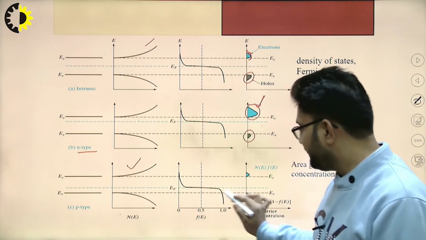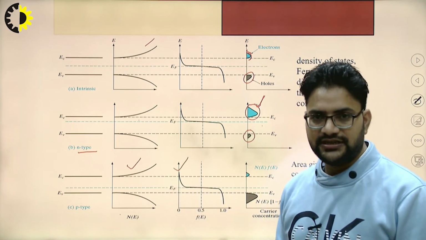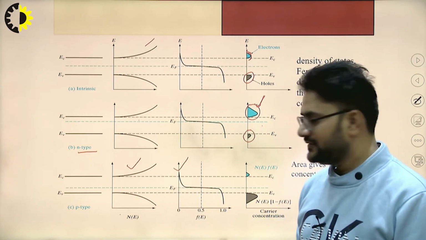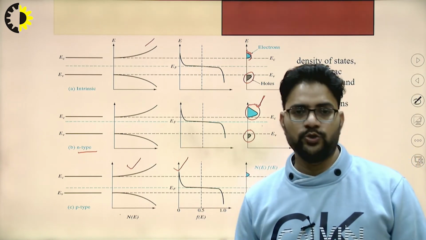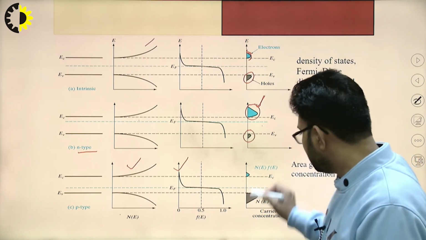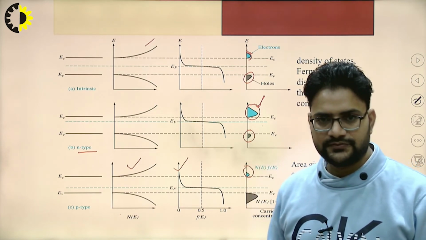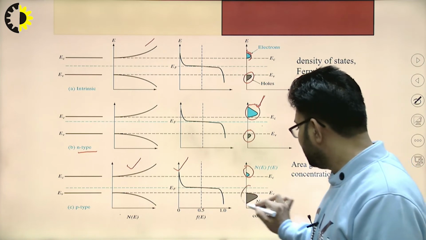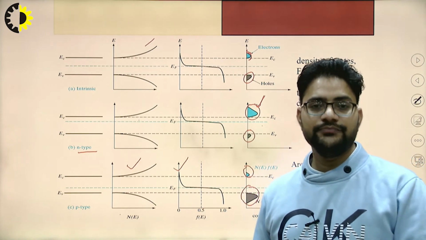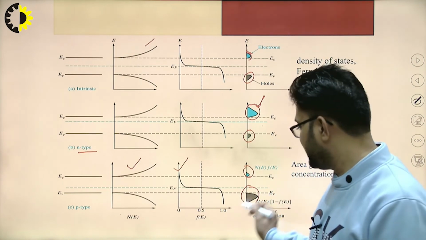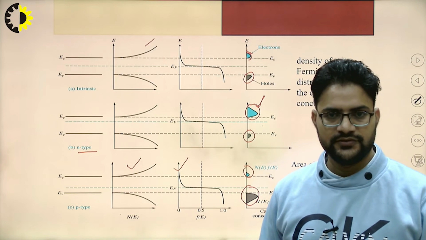If I multiply this Fermi-Dirac function with the density of states and integrate, we will get the concentration of the electrons and the holes. The concentration of electrons for the p-type semiconductor is this one, and the hole concentration will be this one. This blue shaded region shows the electron concentration, and this gray shaded region shows the hole concentration.